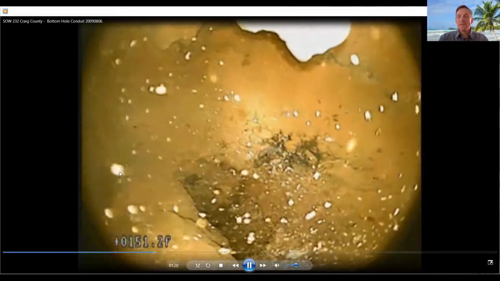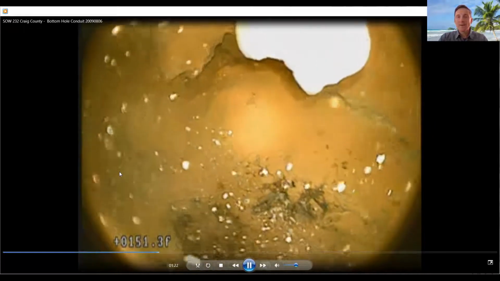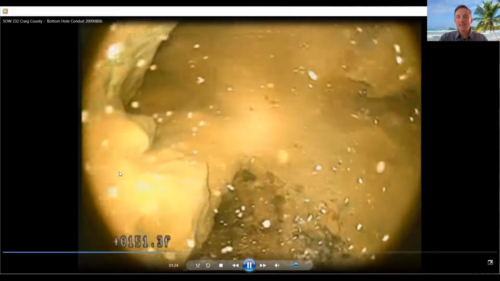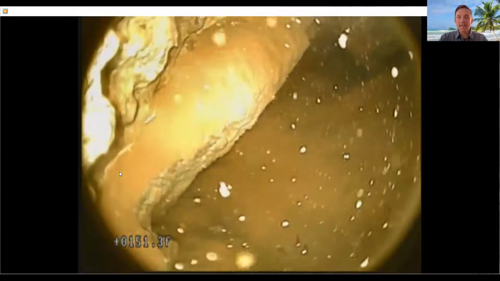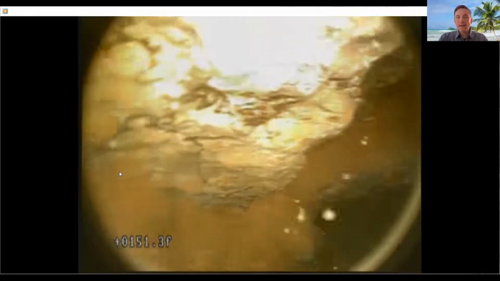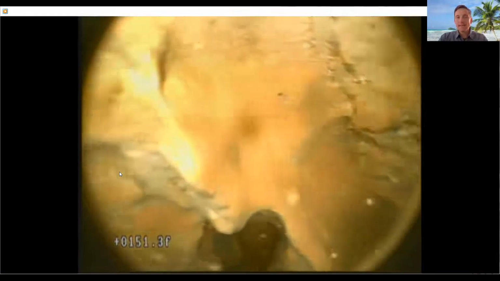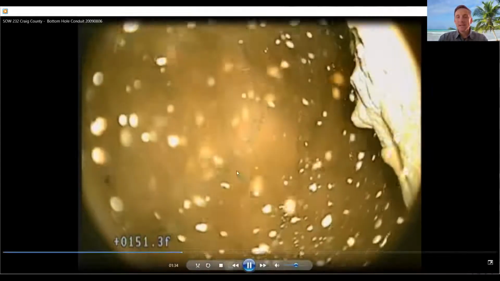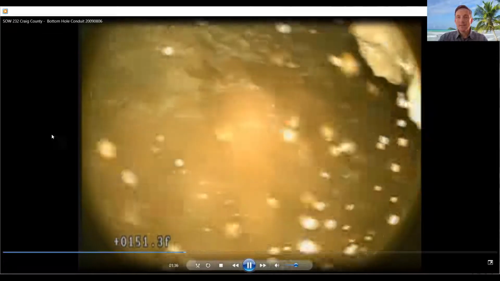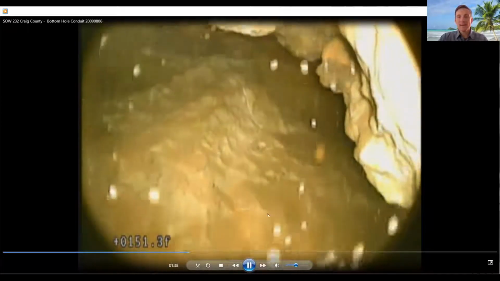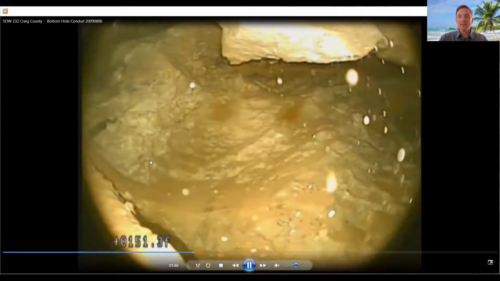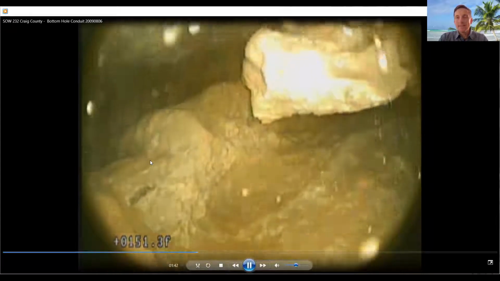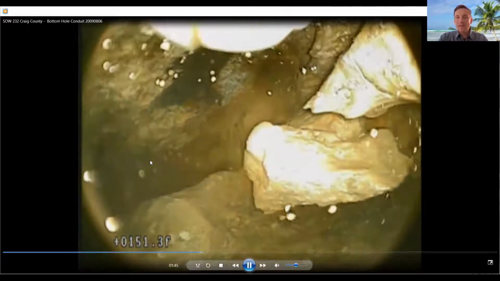So if this well was technically capable of producing 50 gallons a minute, you may practically only be able to get 20 gallons a minute, because if you pump harder than that, you increase the velocity of water in this zone, it can pick this sediment up, pull it up into the pump and into your piping, and you get muddy water.